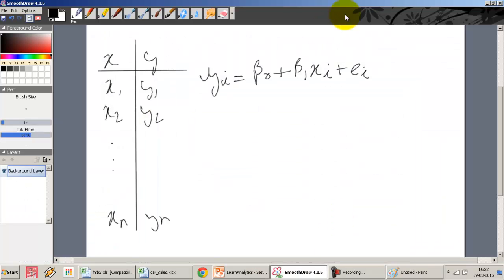So we have to figure out where the summation from i equals 1 to n of ei squared is minimized. The sum of squared error needs to be minimized, or approach the minimum value, if you are a little bit mathematically oriented.